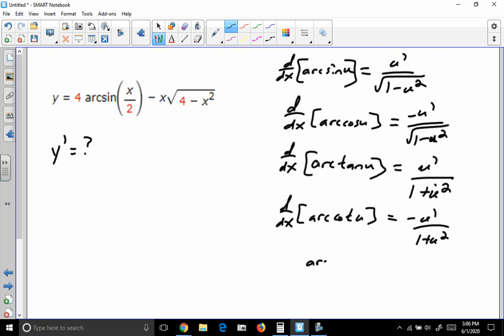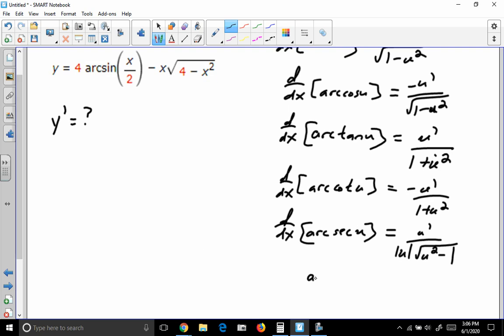And then for secant and cosecant, the derivative of arc secant u is u prime over the absolute value of u times the square root of u squared minus 1. So notice the u squared comes first, and then the number, where on these we had 1 and then u squared.